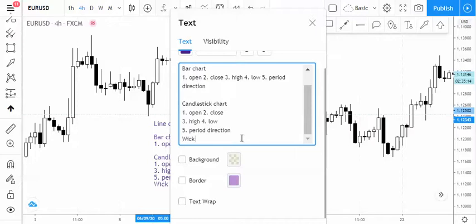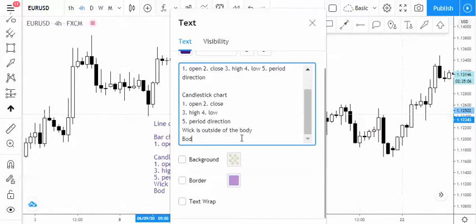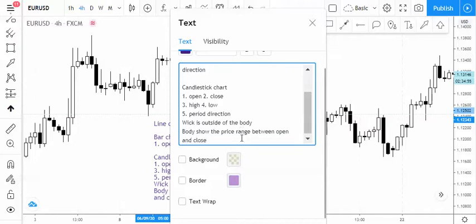The wick is outside of the body, whereas the body shows the price range between open and close.